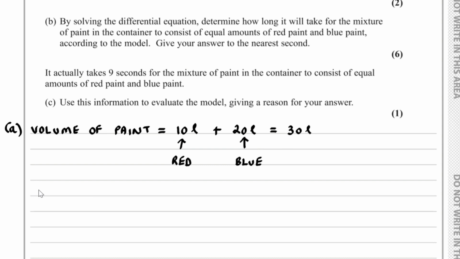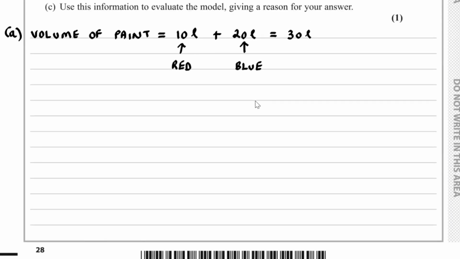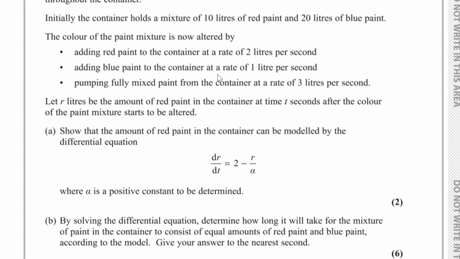So dR over dt would represent the rate of red paint in the container. So what's the rate of red paint going in? Well, that's 2 litres per second. So the rate of red paint in, we have 2 litres per second, and the rate of red paint out we can determine with the information given here.